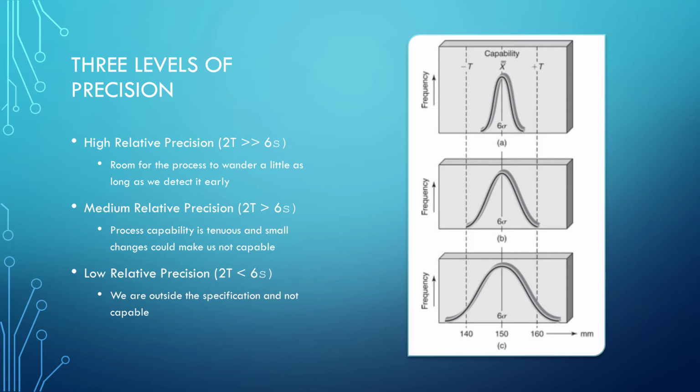Now notice there's not a specification of what is greater than and what is a lot greater than. But medium relative precision means that our process is capable, but that capability is tenuous because small changes in the process could make us not capable. And we might not detect those changes in time to prevent shipping things that were not meeting the specifications. If 2t is less than 6 sigma, then we say we have low relative precision, which basically means we're outside the specification and the process is not capable.